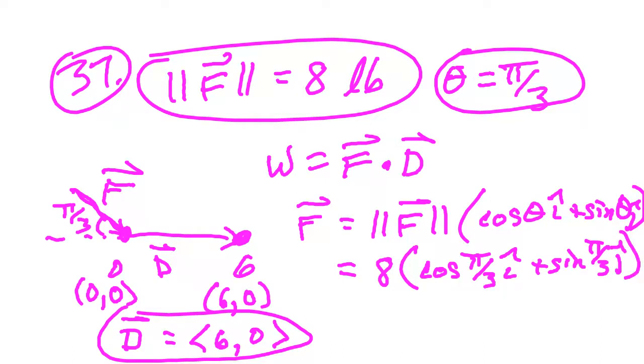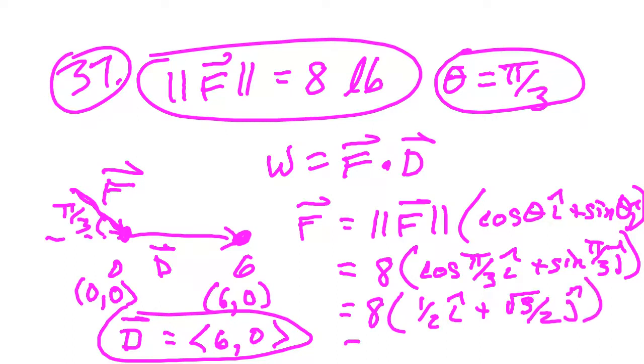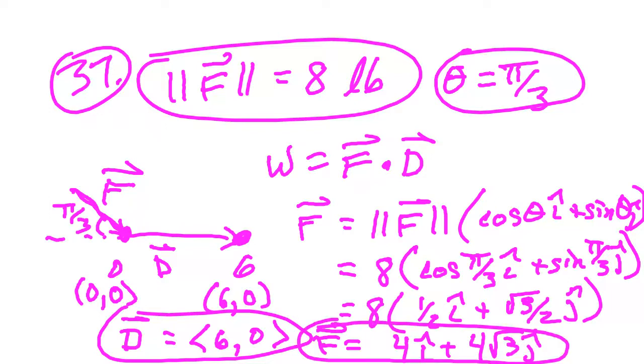Cosine of pi over 3 is a half, and sine of pi over 3 is square root of 3 over 2. So this is 8 times 1/2 i plus root 3 over 2 j hat, and multiplying through by 8, we get 4 i hat plus 4 root 3 j hat. So that's the F vector, which I could rewrite as 4, 4 root 3 in vector notation.